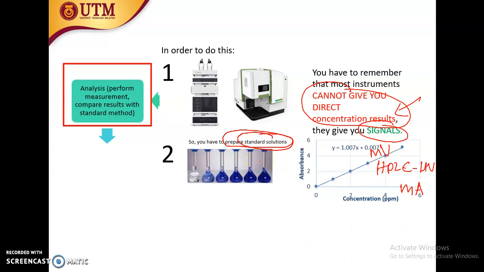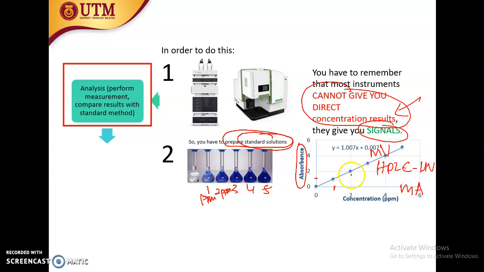So when you have calibration curve, just imagine this is 1 ppm, 2 ppm, 3, 4, 5. Okay, so 1 ppm over here will give signal of 1. For example, this is absorbance. This is using UV visible spectroscopy, for example.